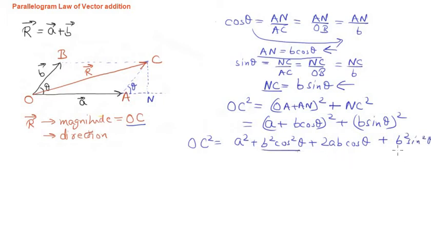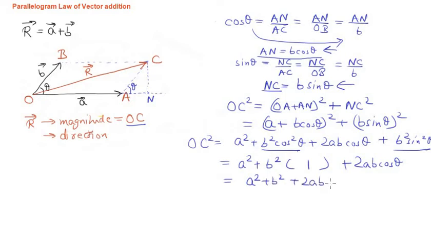Now as you can see, in these two terms B square is common, so A square plus B square, and we know that cos square theta plus sin square theta is 1, plus 2AB cos theta, which will give A square plus B square plus 2AB cos theta, right? This is the value of OC square.